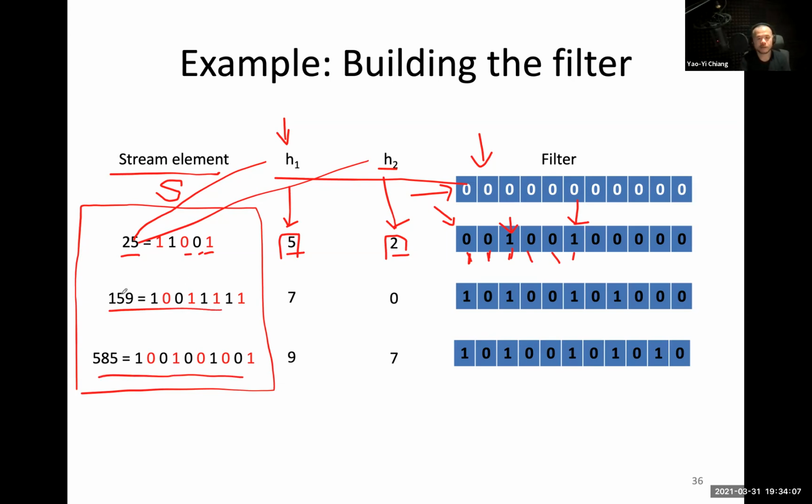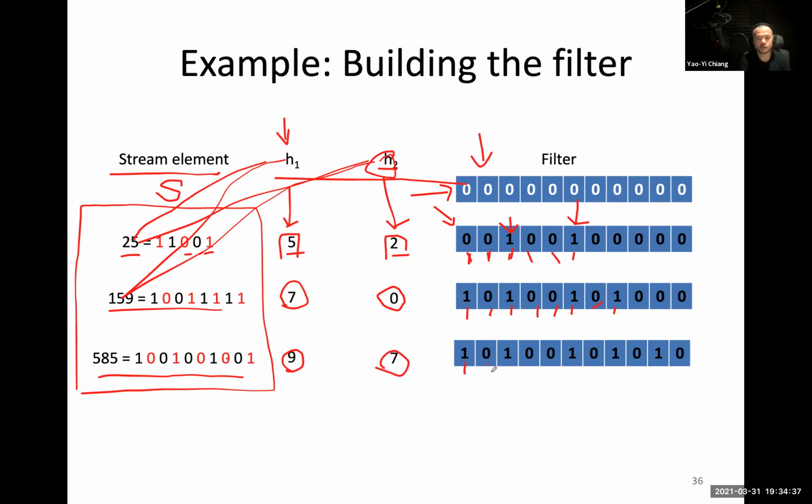For example, again, 159 going to hash function number 1 gives you position 7, goes to hash function number 2 gives you position 0. So we are going to set position 0 and 1, 2, 3, 4, 5, 6, 7 as 1. So now you have 4 ones. 585: hash function number 1 gives you a 9, hash function number 2 gives you a 7.